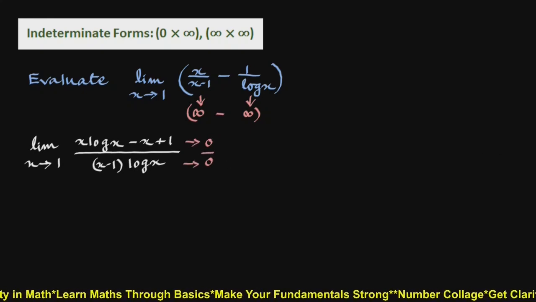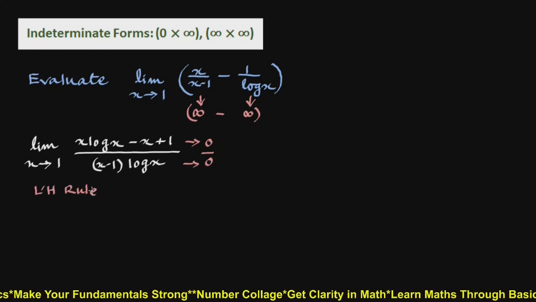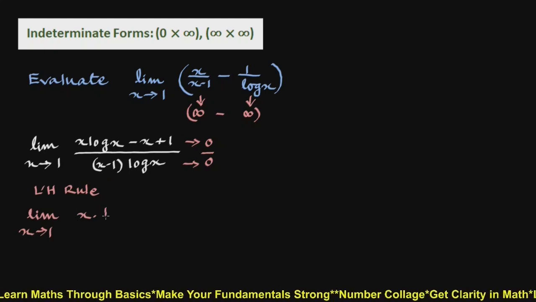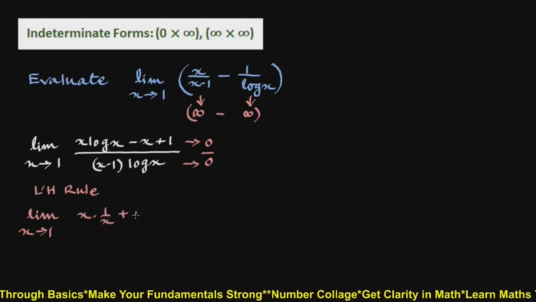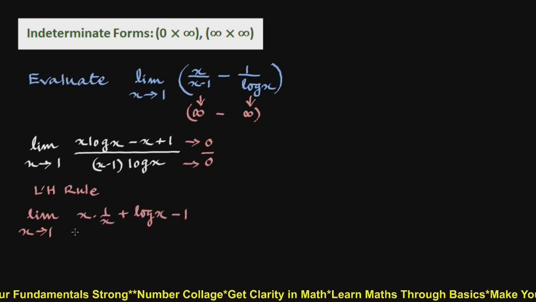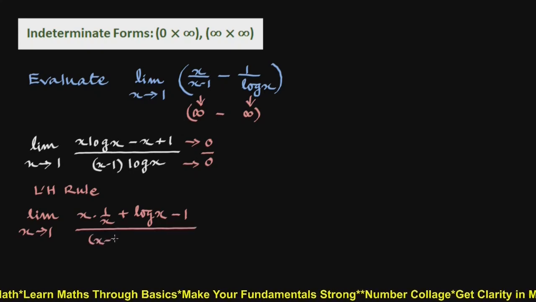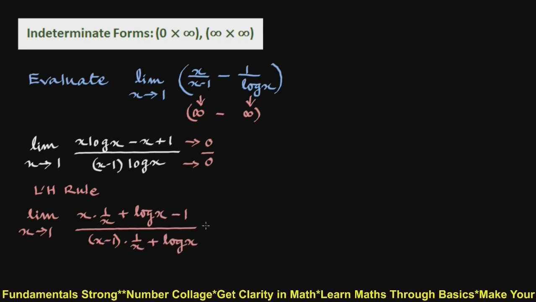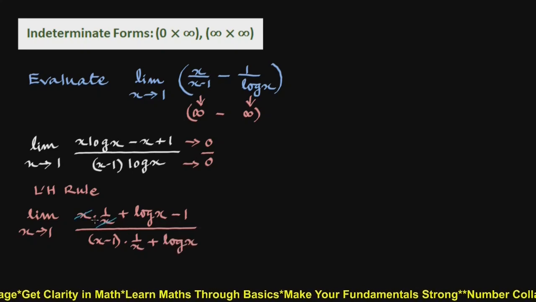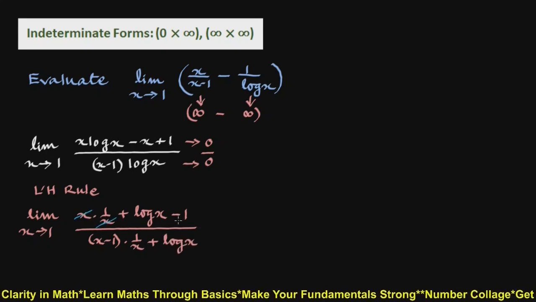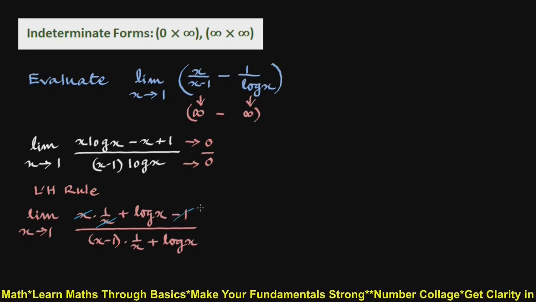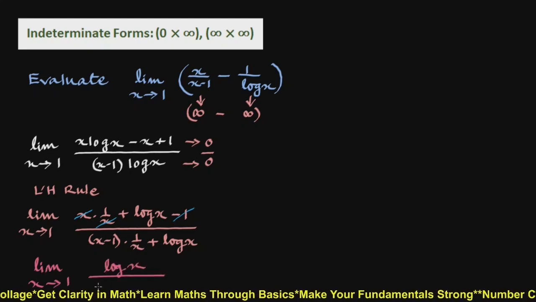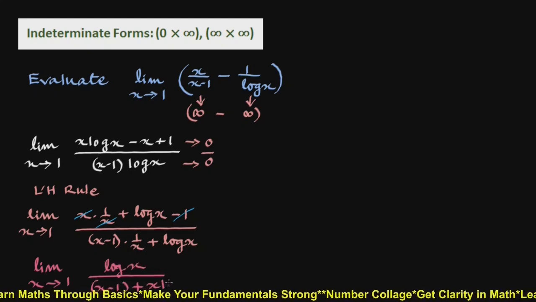Now we can apply L'Hopital's rule, by which this limit will be the derivative of the numerator, x into 1 upon x plus log x minus 1, upon, by product rule, x minus 1 into 1 upon x plus log x into 1. Cancelling this x, it will be 1, and this 1 cancels with this minus 1. So the limit reduces to log x upon x minus 1 plus x log x.